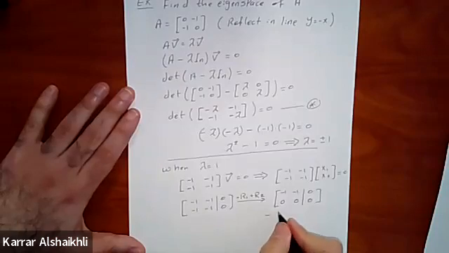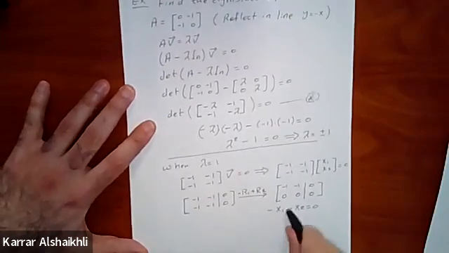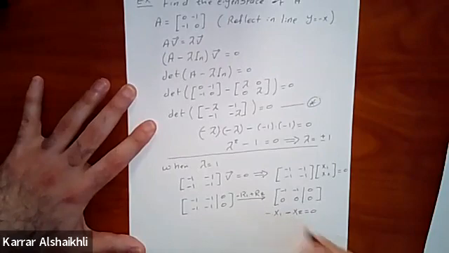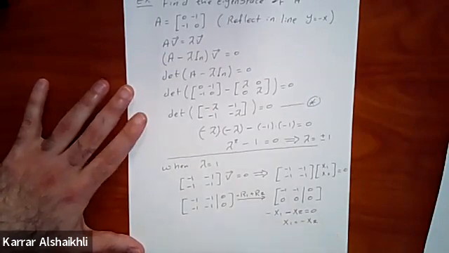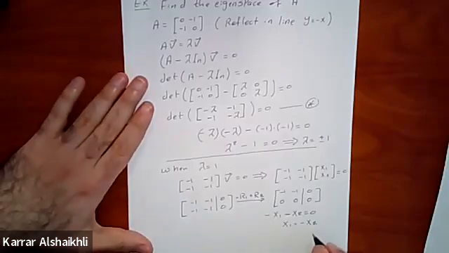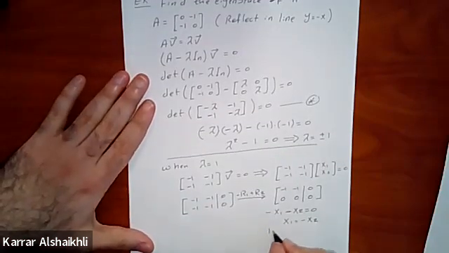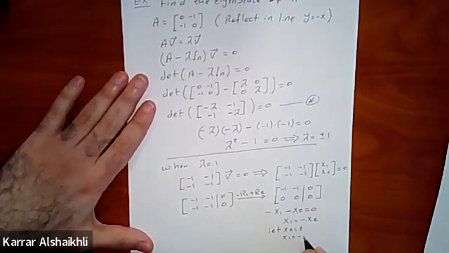So -x1 minus x2 is going to be 0. So let's say x1 is going to be -x2. Again, let x2 be any variable. Let's say x2 equals t. That means x1 equals -t.